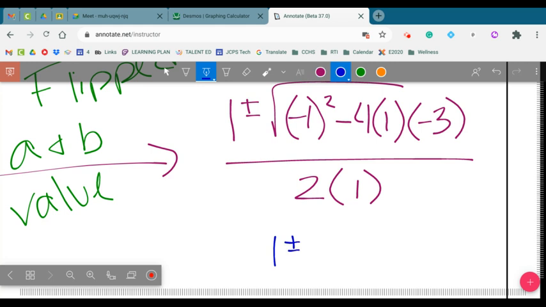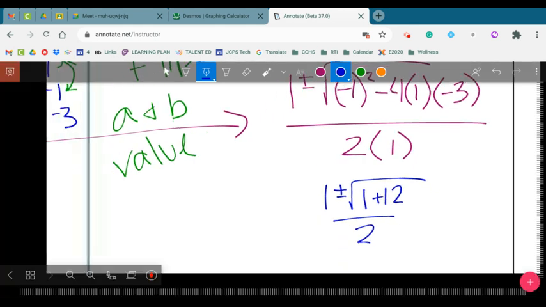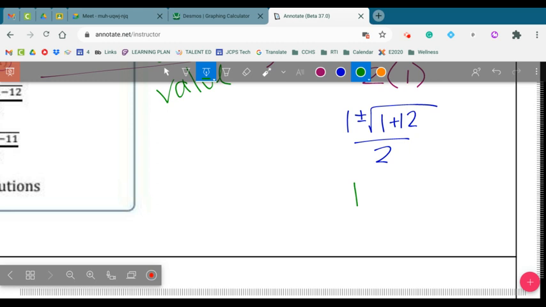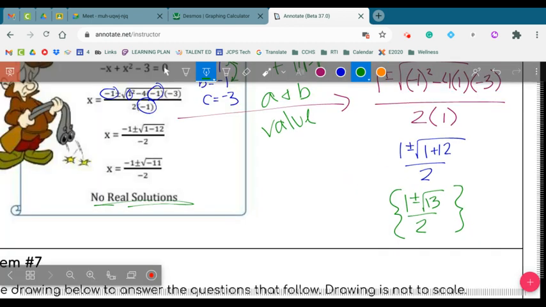You get 1 plus or minus square root of 1 plus 12, divided by 2. So you'd get 1 plus or minus the square root of 13, divided by 2, and that would be my answer. So he shouldn't have gotten no real solutions. He should have gotten a solution on this one.